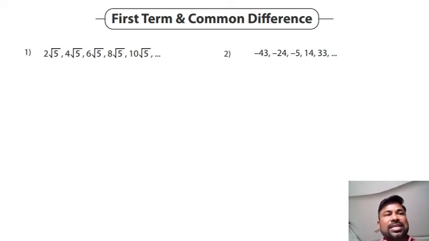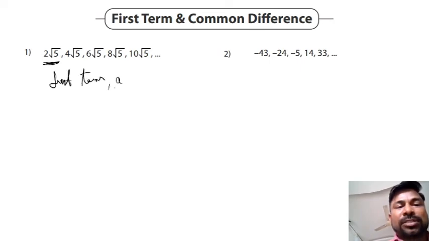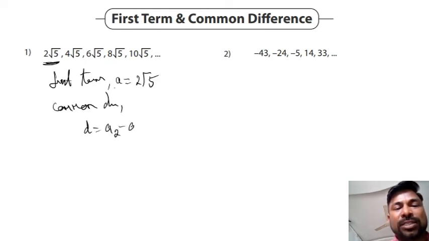Here he's asking which is the first term and which is the common difference. The first term, we represent it by A, and it's nothing but 2 root 15. And how to find the common difference? As I said earlier, the common difference D equals A2 minus A1.